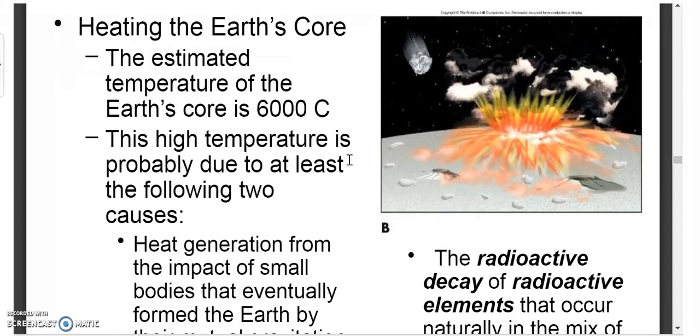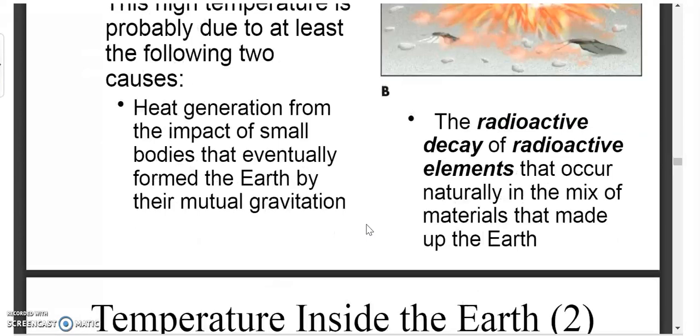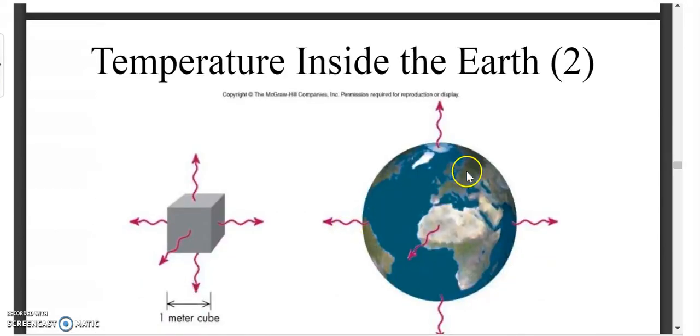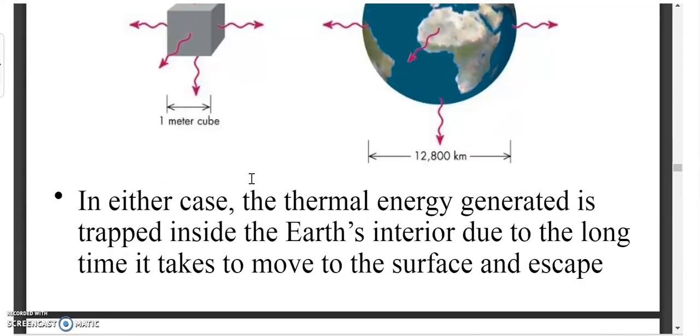Just to let you know. So it's radioactive decay that keeps the interior of the Earth hot, as well as gravity, just by squeezing the Earth. The shape of the Earth actually holds in the heat a lot better than if the Earth were a giant cube. The cube has more surface area, and therefore it would lose energy a lot faster.